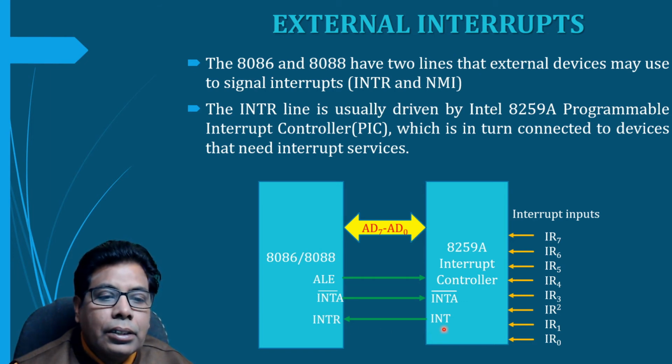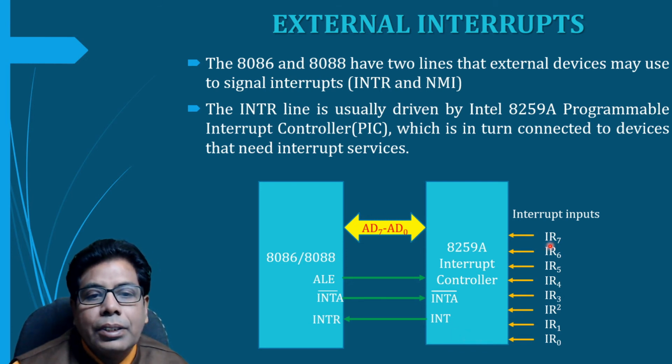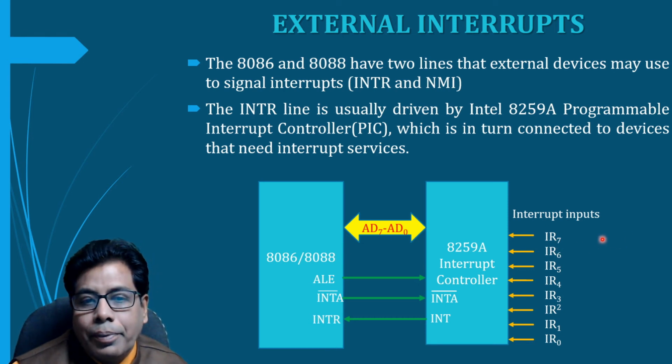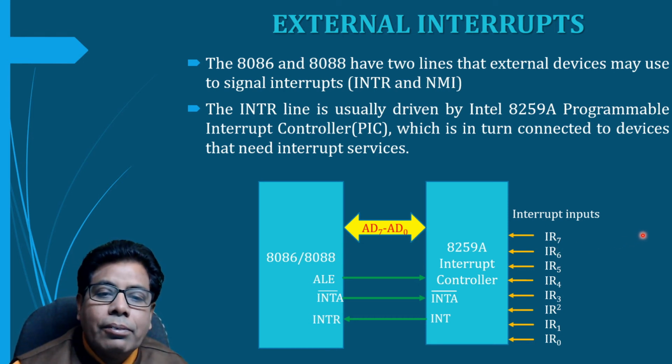Whenever there is a request, the request first comes from these inputs IR0 to IR7. The 8259 has 8 interrupt input lines, IR0 to IR7, and these are connected to peripheral devices. So whenever a peripheral device needs some service from the CPU, it will send a request on this line.